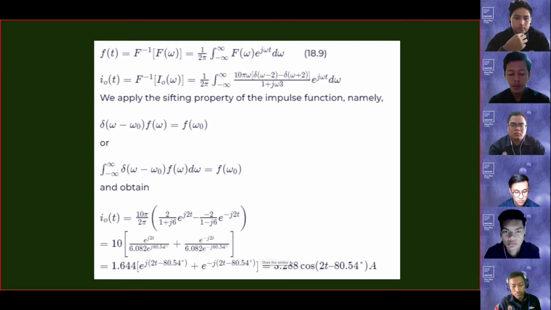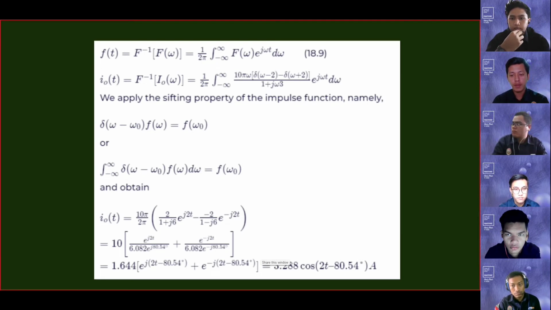So we get the equation i naught t equal to 10 pi over 2 pi multiplied by 2 over 1 plus 6j, multiplied by exponent j2t, minus 2 over 1 minus j6, exponent negative j2t. Okay, for the answer we get that. That's all from me.